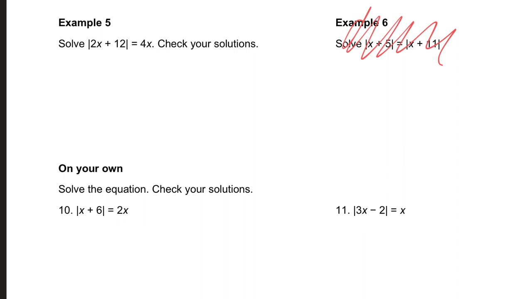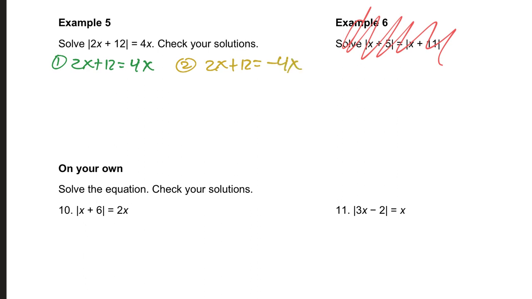And we're going to do the same thing we did before. If the absolute value symbols are by themselves, and we notice that it's set equal to a positive, so 4x is positive, we're going to write it twice. The first time we're writing 2x plus 12 equals 4x, and then the second time we're going to write 2x plus 12 equals negative 4x.